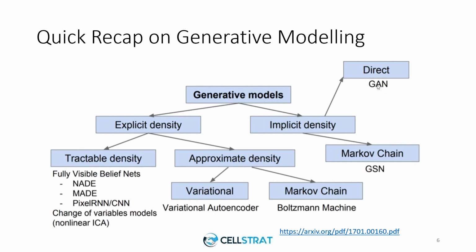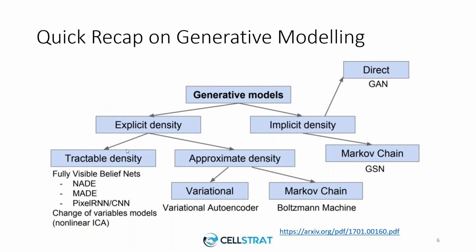Like in the case of GAN, we take a few images from a distribution and pass them through a generator and a discriminator network to generate images. But in the case of explicit density, we explicitly have access to the whole probability distribution for the input source.